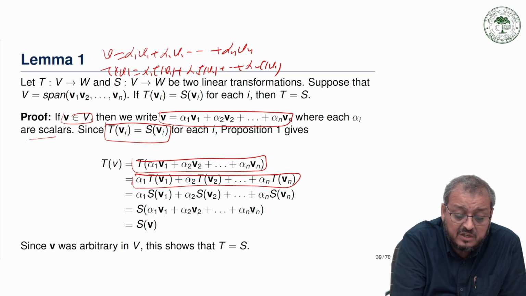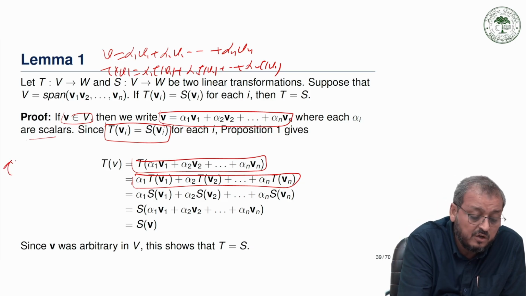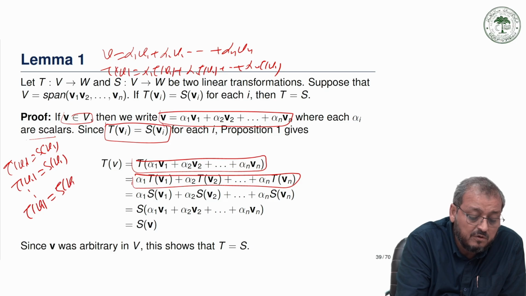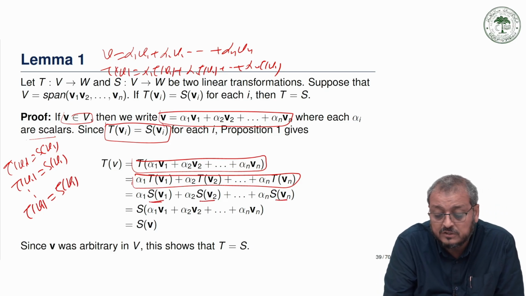Now we are given T of Vi is equal to S of Vi. So in place of T of V1, which is the same as S of V1, T of V2 which is equal to S of V2, and so on, we can write S of V1, S of V2 and S of Vn.